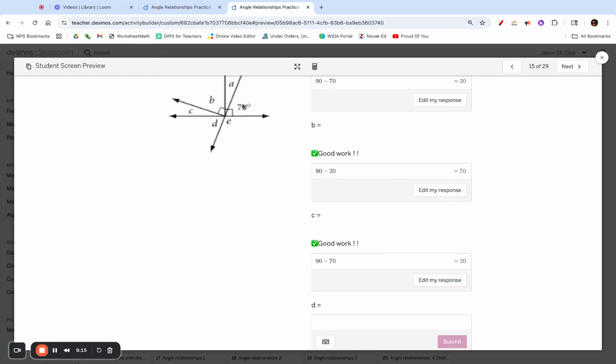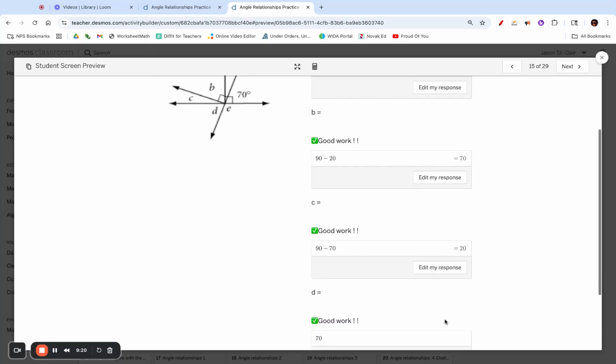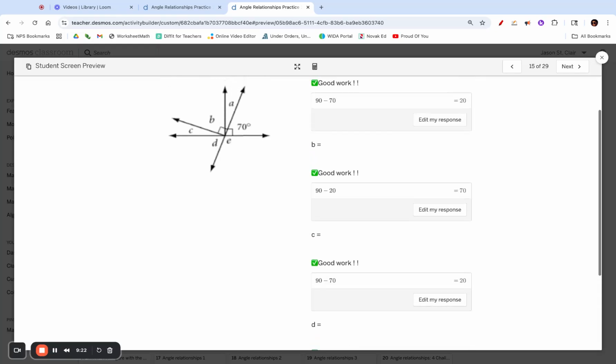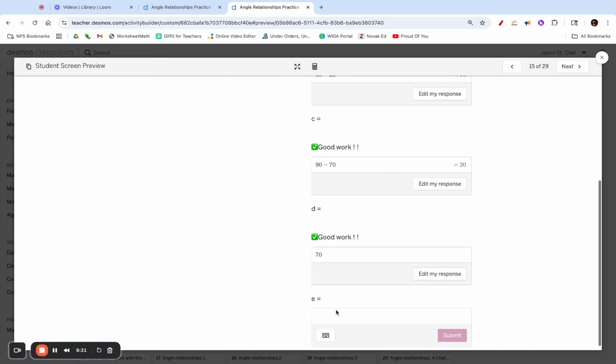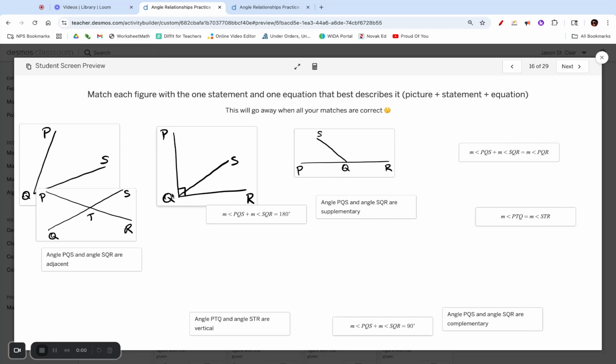So if there is 70, D also has to be 70. And my last one, I noticed that D and E are supplementary to each other. That means they form a straight line and add up to 180. So E has to be 180 minus the 70.